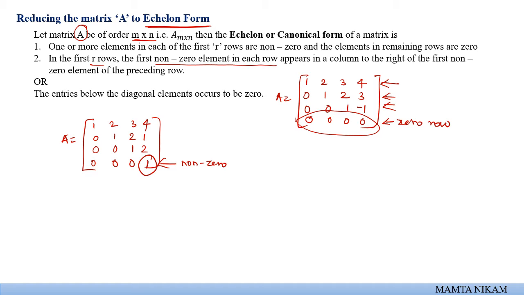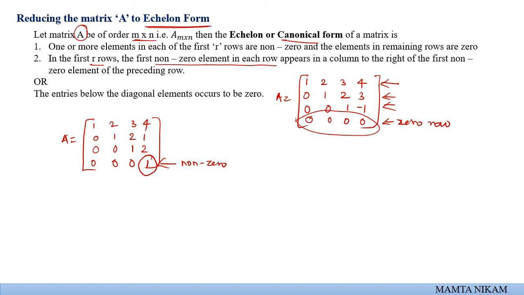So that definition says that if there exist one or more non-zero elements in each of the first rows, and the elements in the remaining rows are zero, then such a form is known as echelon form. Echelon form is also known as canonical form.